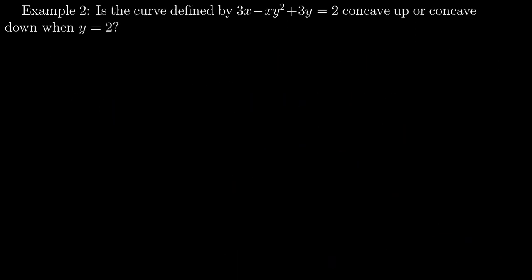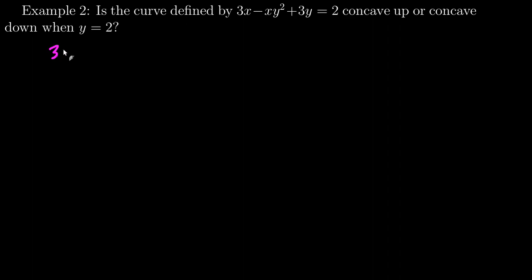Okay. Now this is a little bit more difficult for a couple of reasons. One reason, I need the second derivative. And the second reason is I've only been given y, I need x. So the first thing I'm going to do is figure out what x-coordinate goes with this. I just use the original equation, substituting 2 in for the y.